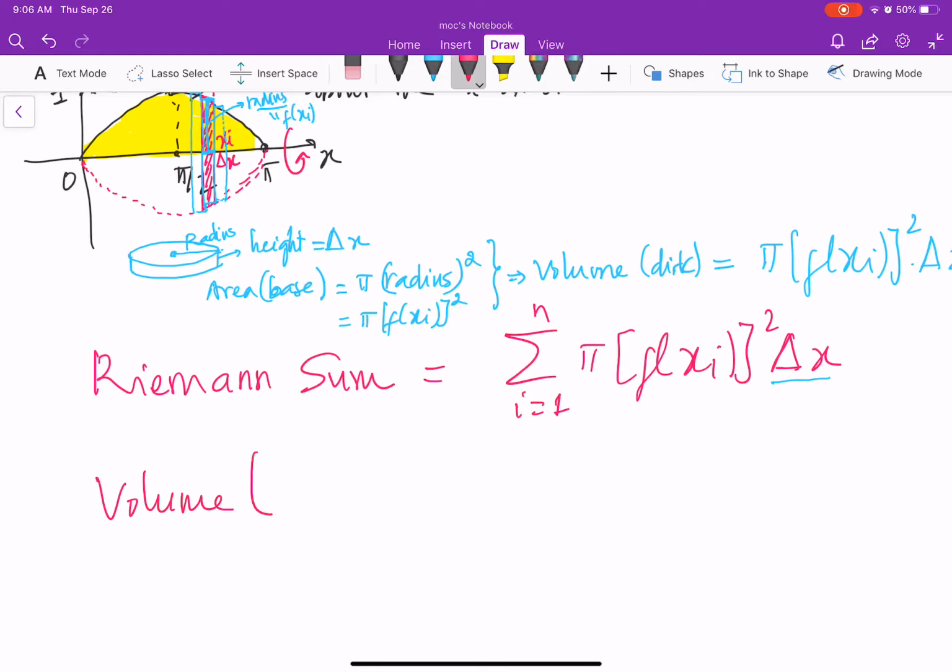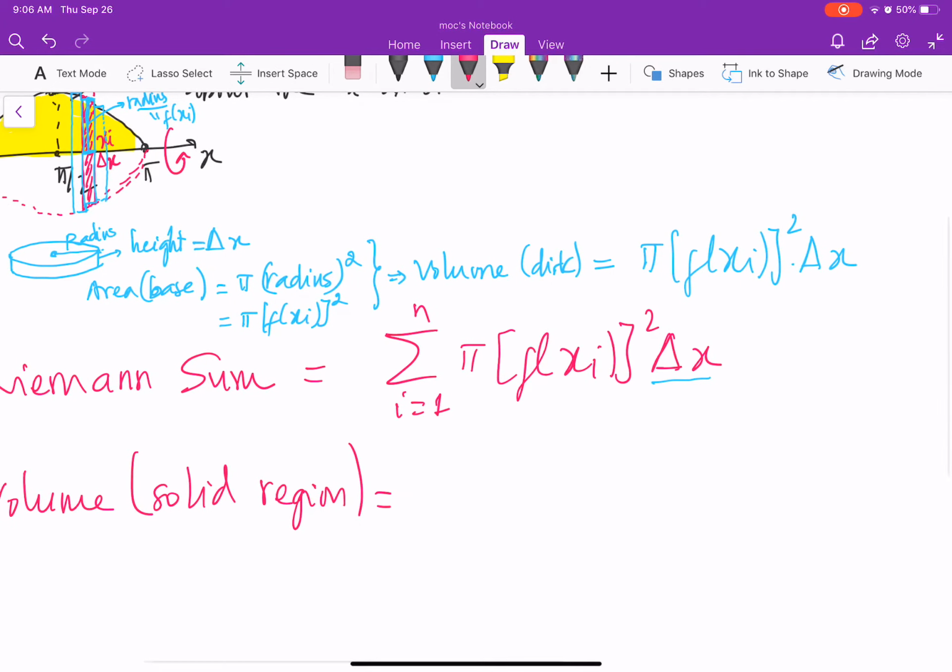So the volume of a solid is equal to, here's the trick, right? This sum will go to an integral from 0 to pi, or basically I can write from a to b, right? And here, the number pi is just a number. I will pull that out of the integral. I have pi in here, okay?